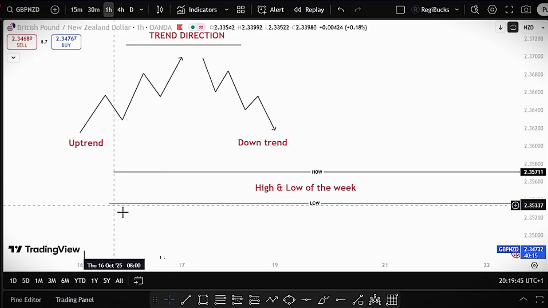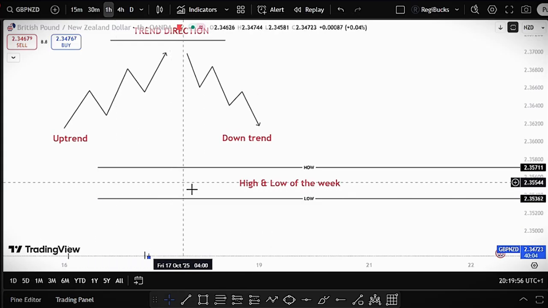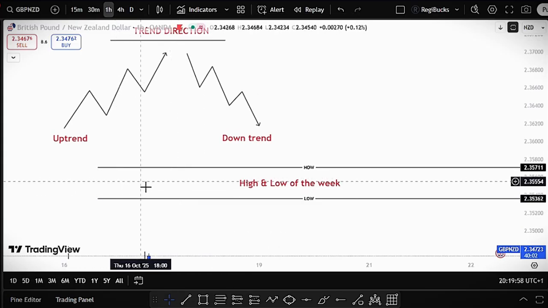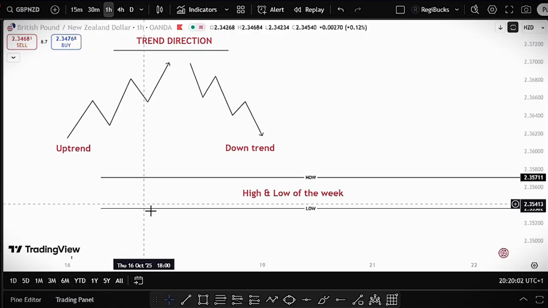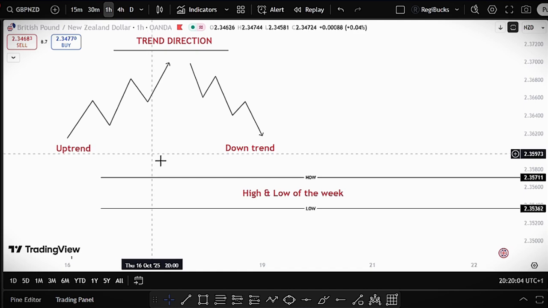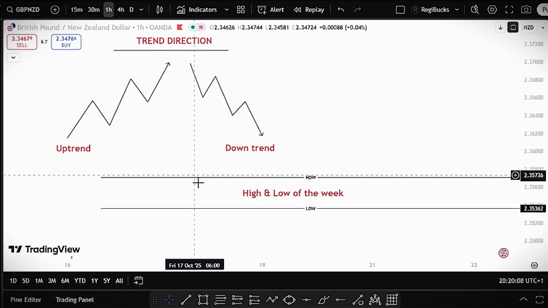And then the low of the week is the lowest wick that those candles formed. That's your low of the week. So now the first candle to break with momentum, like to break with volume, and then is able to hold above that level, that means you should be buying more.